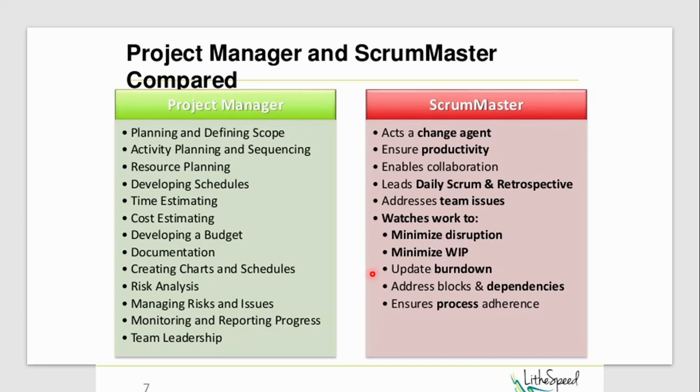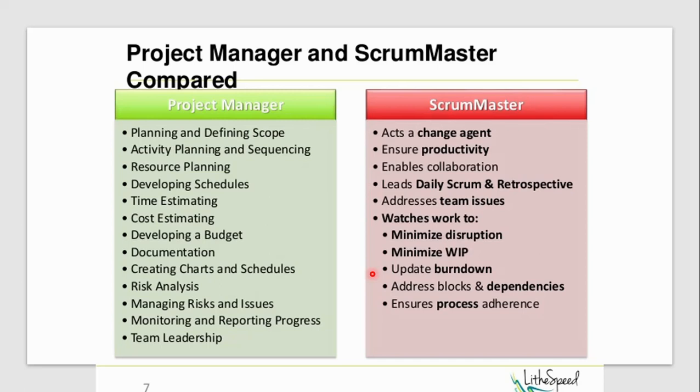So basically, in a large organization, maybe there is a Scrum Master separately, who will address the team issues, and who will see what's obstructing the people to perform, to minimize the disruption and minimize the work in progress, because he has to finish off the sprint backlog, the items that you selected for the sprint.